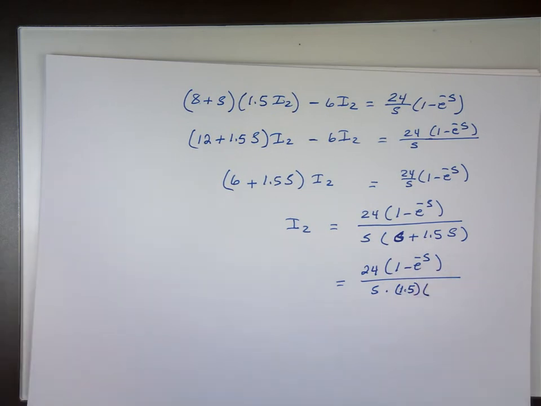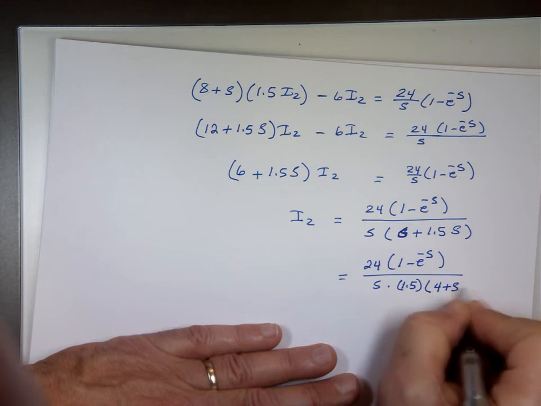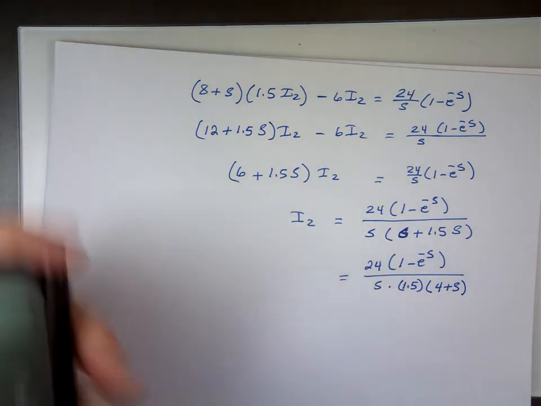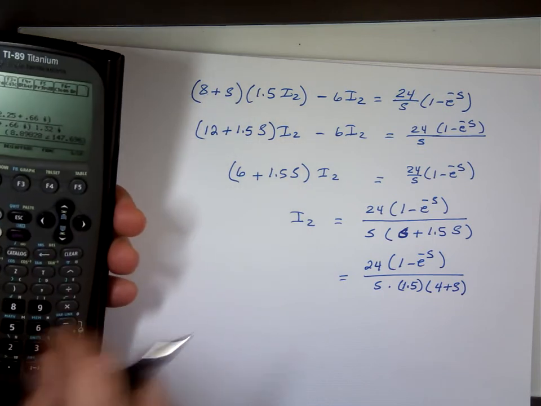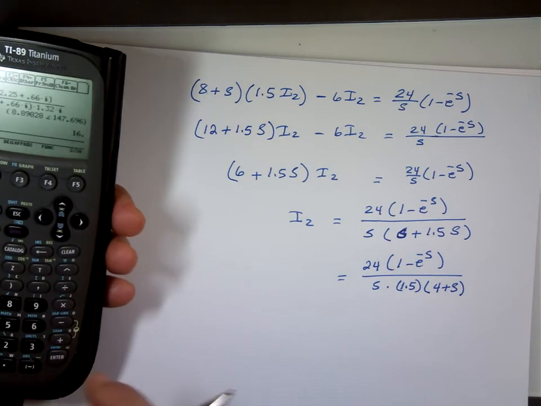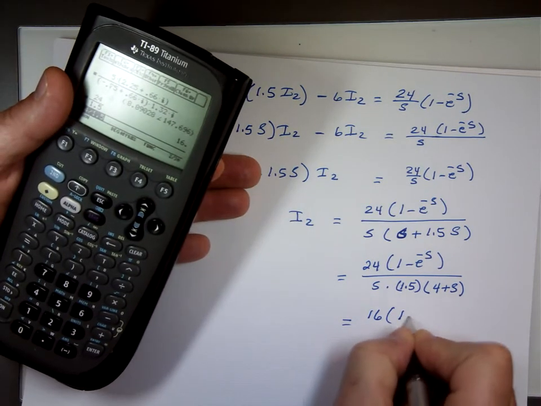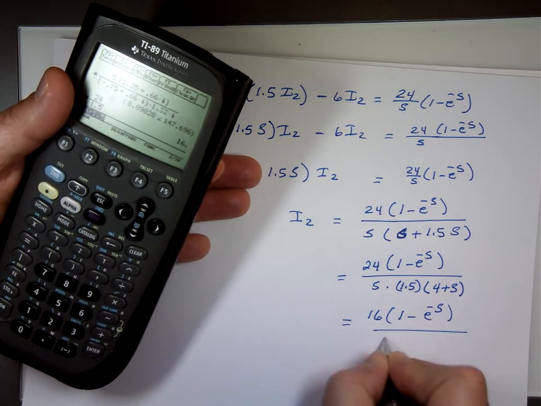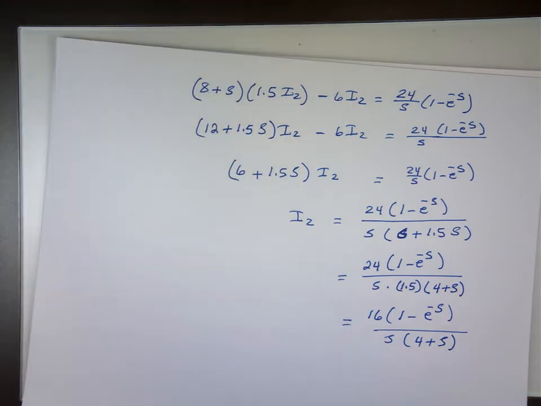Is that a 4? So you can divide the top and the bottom by 1.5. So 24 divided by 1.5, is that 16? 16, 1 minus e to the minus s over s times 4 plus s. That's I sub 2.